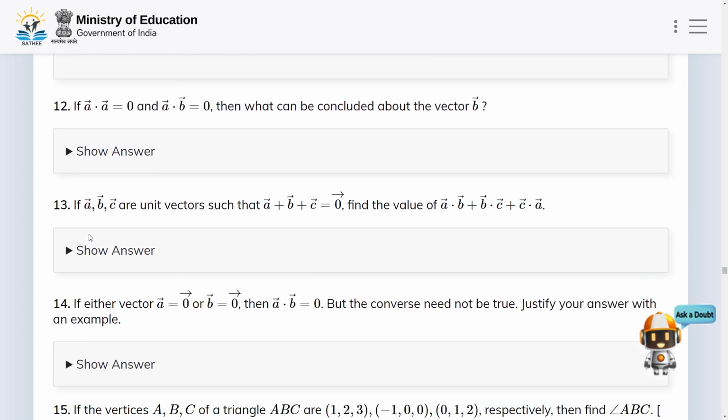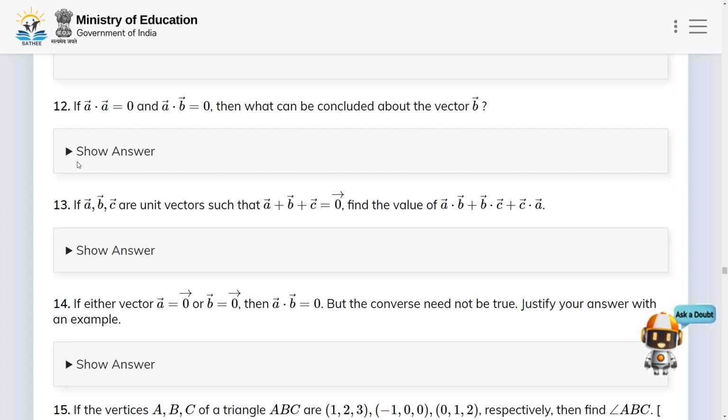Now 12th problem. If dot product of A with itself equals 0 and dot product of A and B is also 0, then what can be concluded about the vector B? So this is given: A with A itself equals 0.